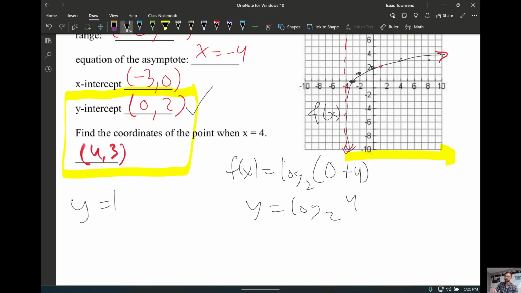And you could even check by plugging in 4 for x, and solve for y. 2 to what power gives me 8? 3. Just like the graph looked. So if you didn't feel super confident about those, just plug in 0 for x, solve for y. Plug in 4 for x, solve for y. Since those are nice whole numbers, that means that evaluating them in your head should also work out nicely.